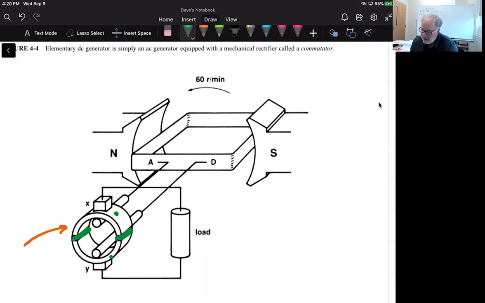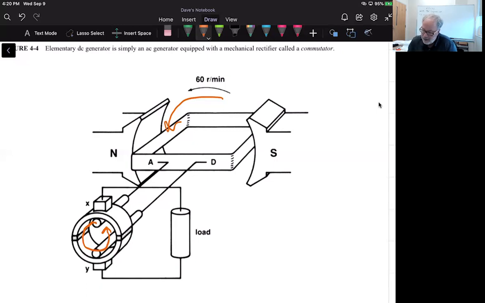And then the other thing I want you to plant in your brain is this idea now that instead of this coil, actually, let me erase some stuff here so I can try to show this to you. Now, as this coil is rotating through, in the AC generator, this conductor was rotating internal to the slip ring.